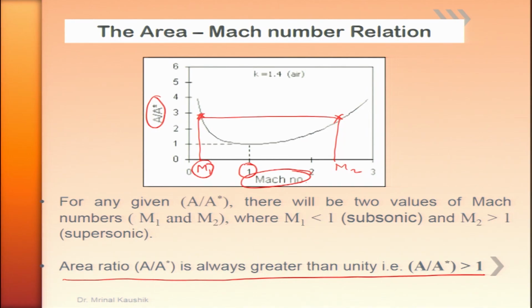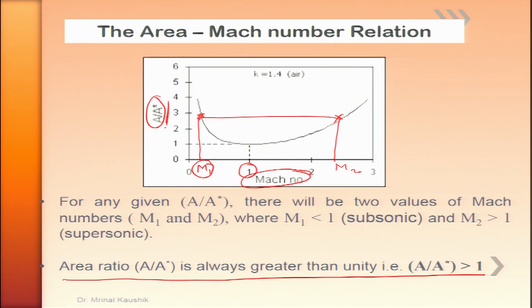So this is the case which we must understand here, which is very important from a convergent divergent nozzle point of view. That means for the same area ratio, the area Mach number relationship gives me two values of Mach number. One is subsonic and the other is supersonic.